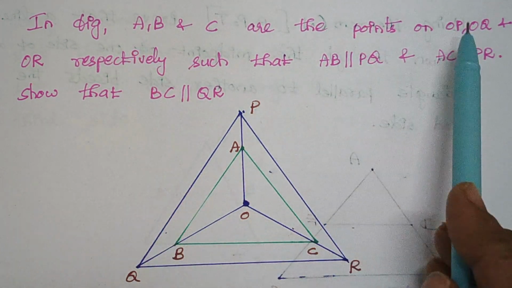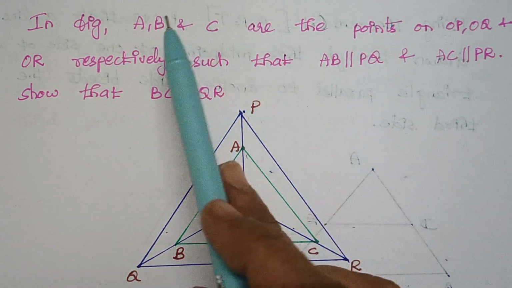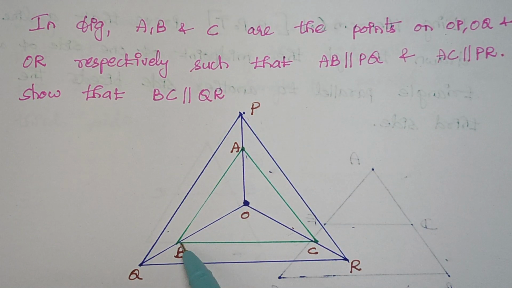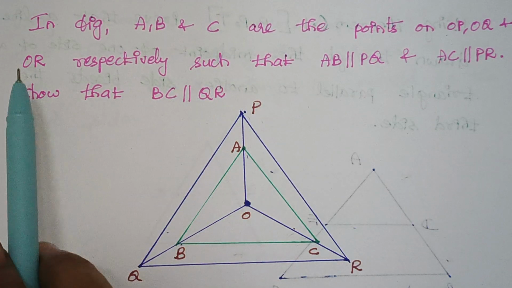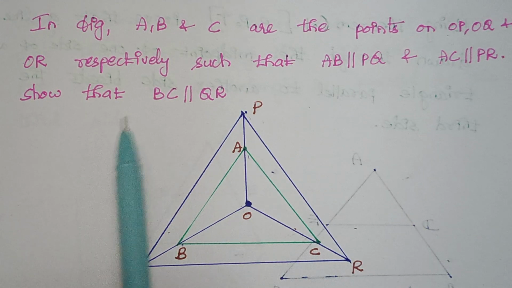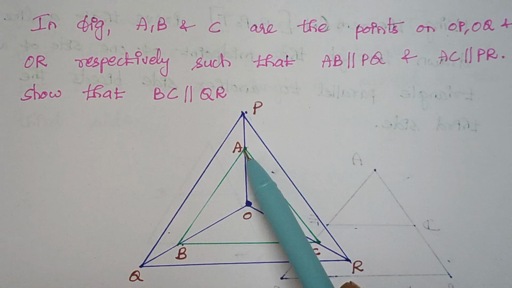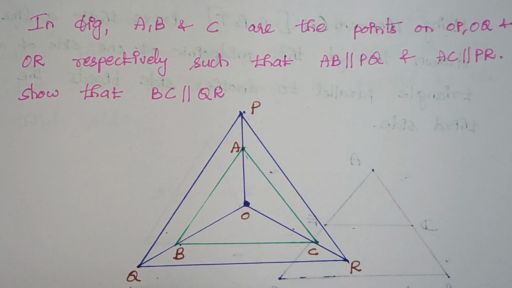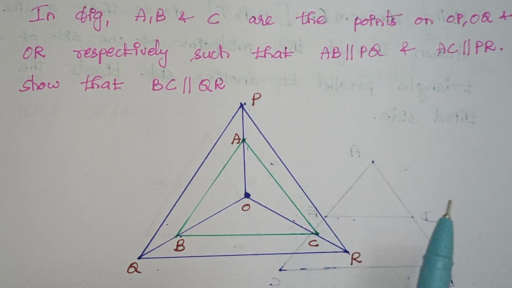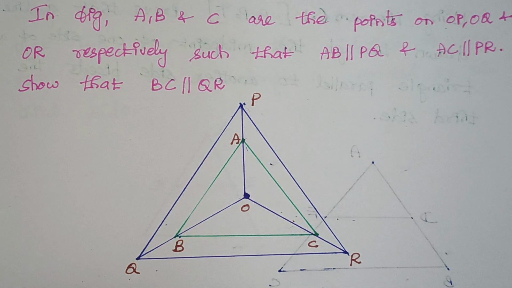A is a point on OP and B is a point on OQ, and C is a point on OR, such that AB is parallel to PQ and AC is parallel to PR. Then we have to prove that BC is parallel to QR.